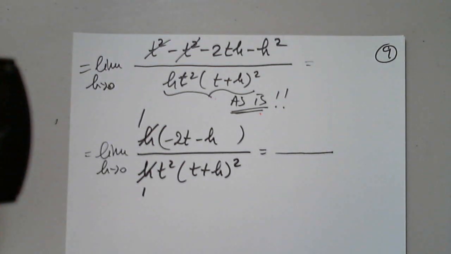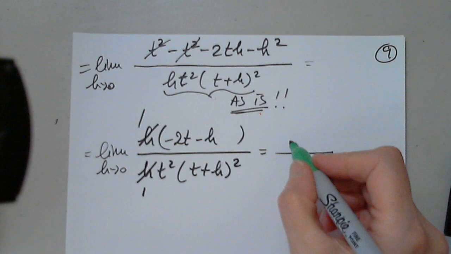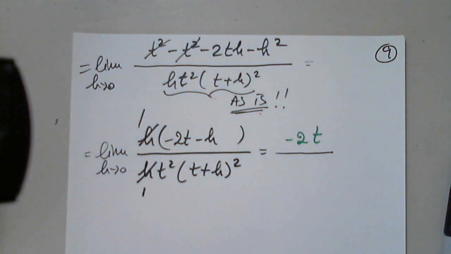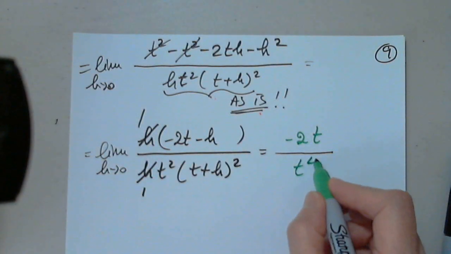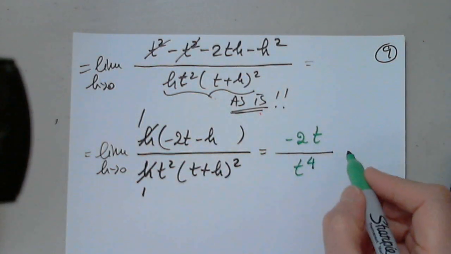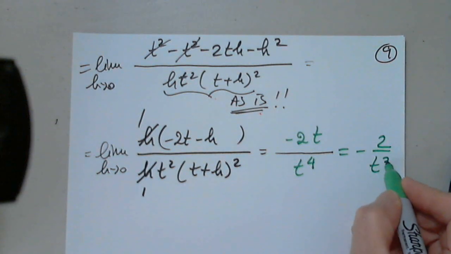Can anyone give us the numerator? It is negative 2t. Excellent. Can anyone give us the denominator? T cubed. T squared times t squared, t to the 4th. And now, when we simplify, we get this.